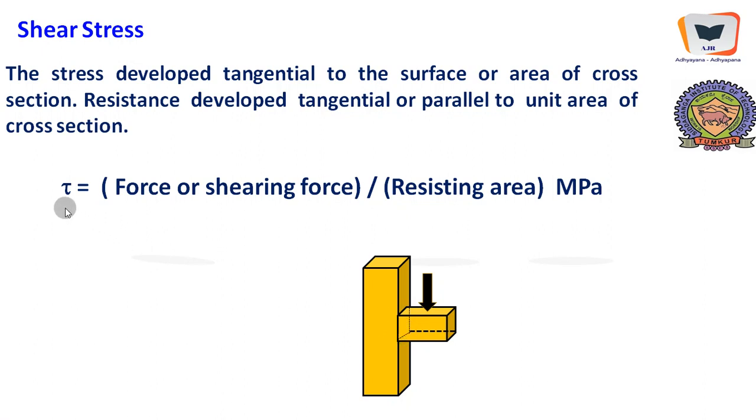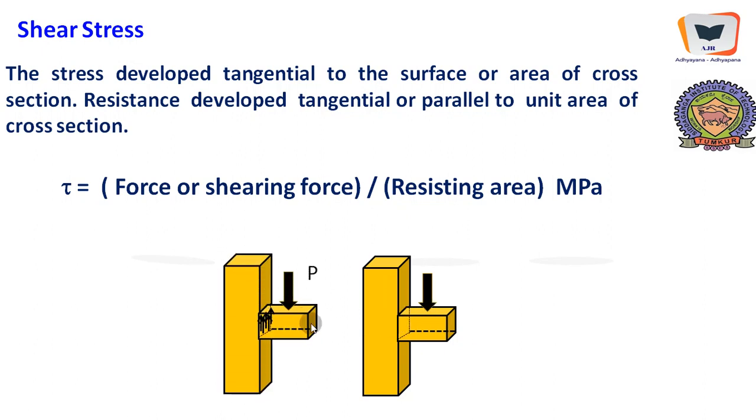Shear stress is also given by the shearing force, that means this one, divided by the resisting area. This is the area, and when the load is applied, the stresses will be developed like this, and at the time of failure it is just going to get detached from the parent component, and this is how shear failure will take place.